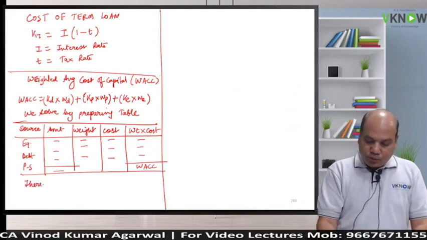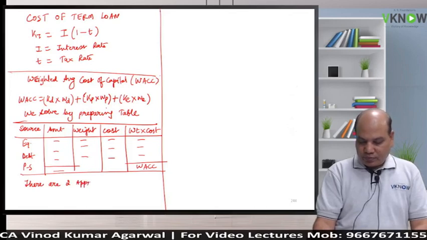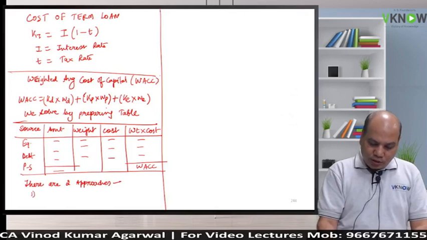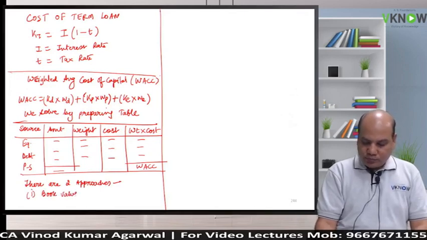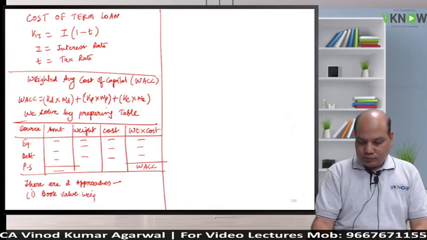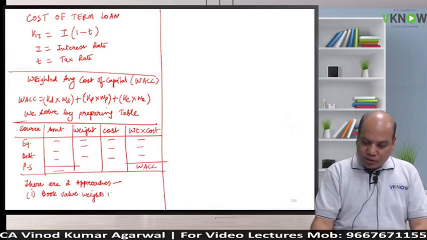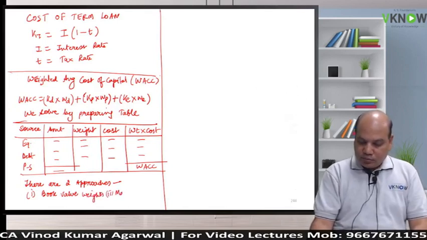There are two approaches. Which are the two approaches? One, book value weights, and second, write down market value weights.